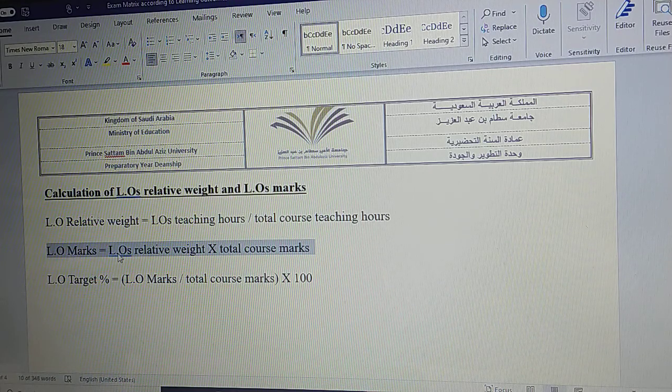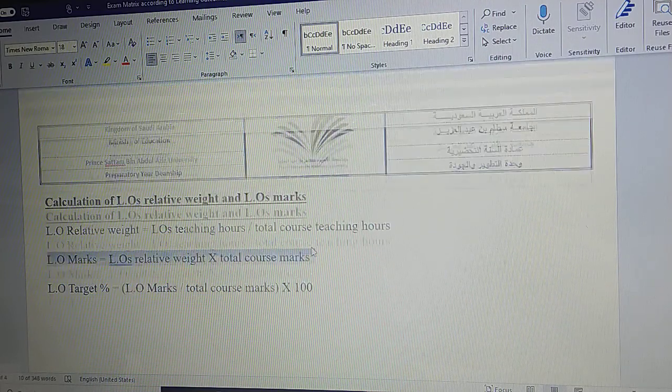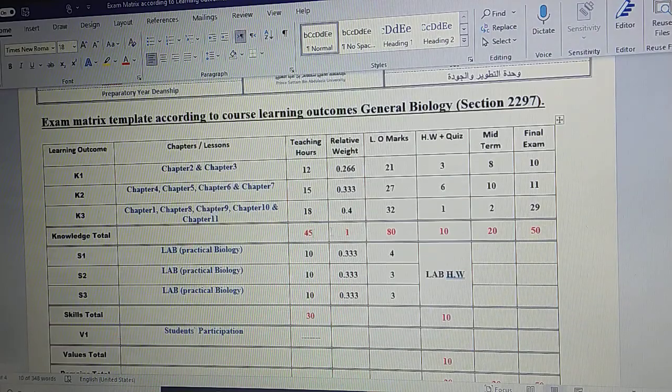LO marks equals learning outcome relative weight times total course marks. So here the learning outcome relative weight is 0.266 times 80, which is the total course mark.